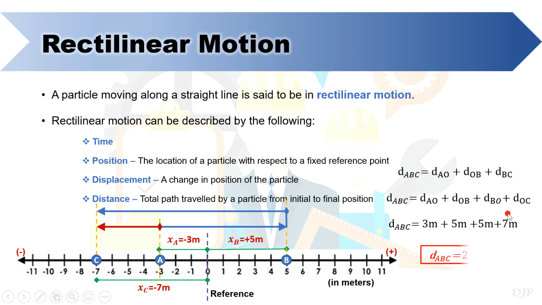Thus, the total distance covered by the particle from point A to point B and then to point C is equal to 20 meters. You may notice from now on that the total travel distance is not always equal to the magnitude of displacement.